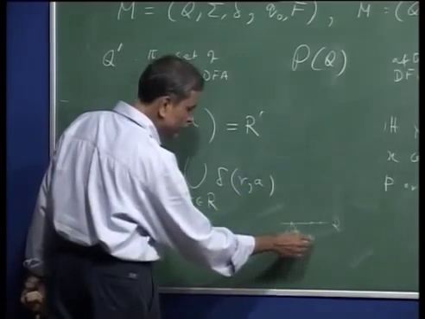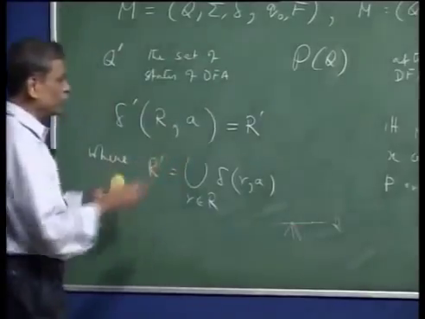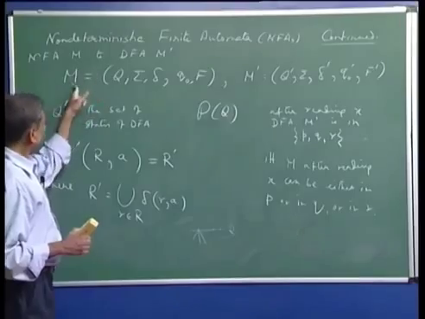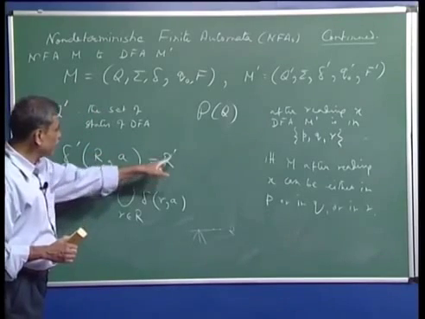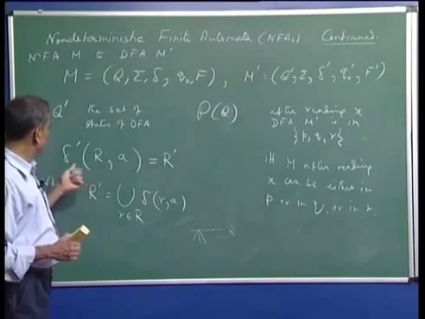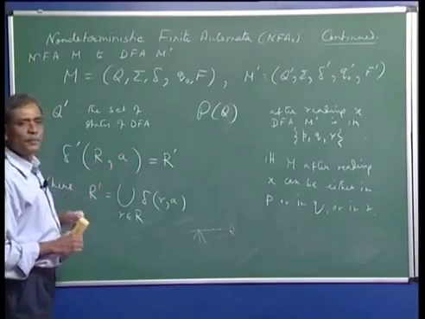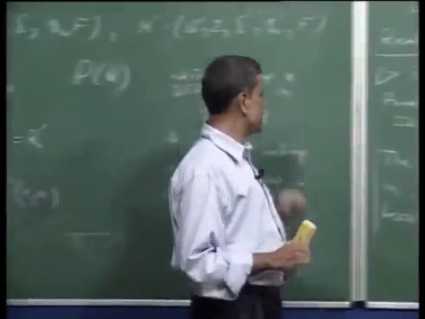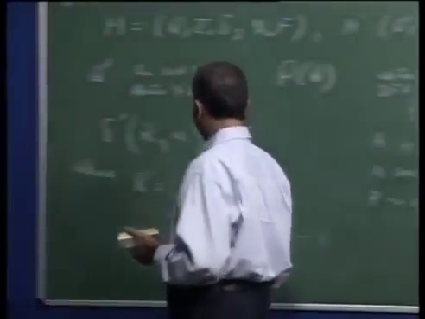So, I collect all these states, take their union. Now, I get a subset of states of M, and let me define that to be the value for delta dash R a. And if you see, this actually implements this idea that we have stated here.